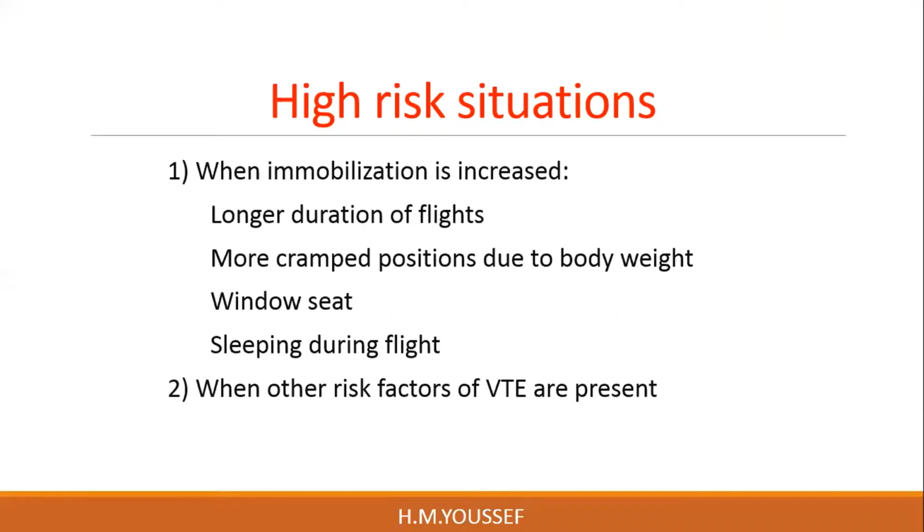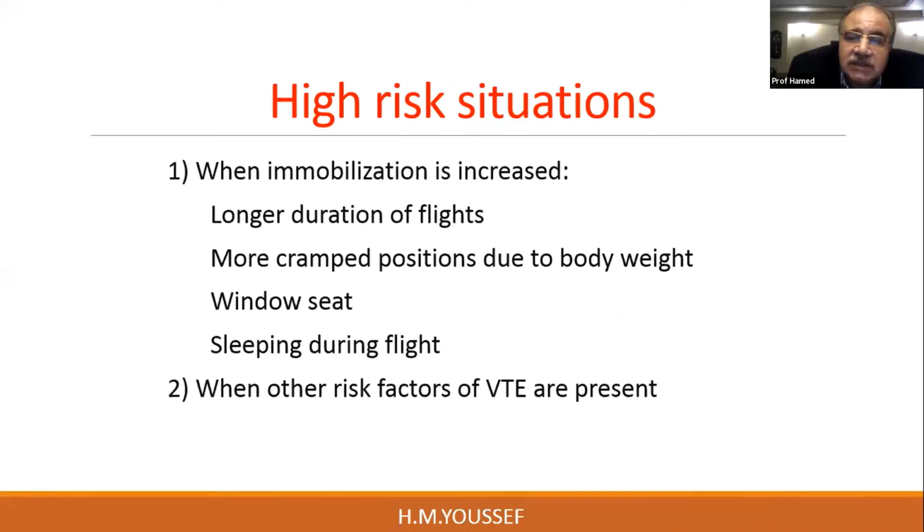Again, the risk increases with longer duration of flight. They say if you have a long duration of flight, in a more cramped position, in a window seat and sleeping during flight, and when other risk factors for VTE are present.